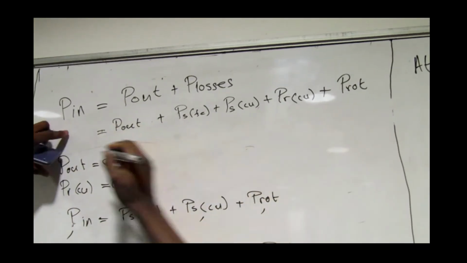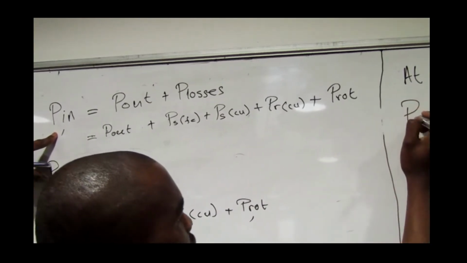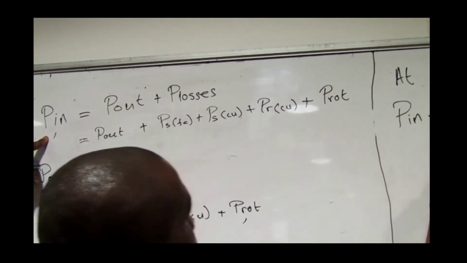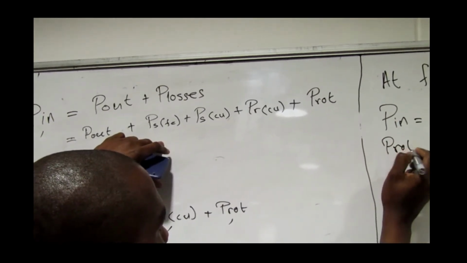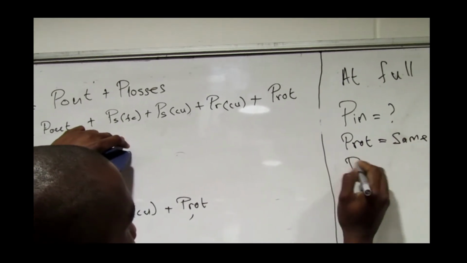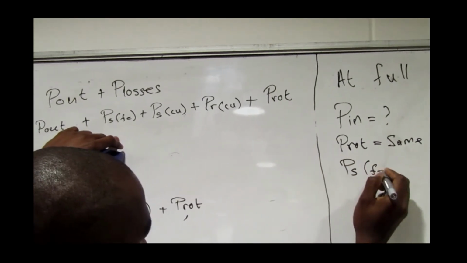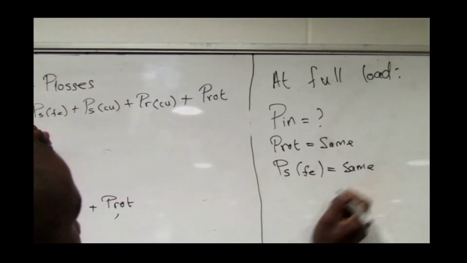At full load, we have to calculate P in. We don't know the value of P in. The value of P out stays the same, it doesn't change. And the value of PSFE, which is the stator iron loss, stays the same.